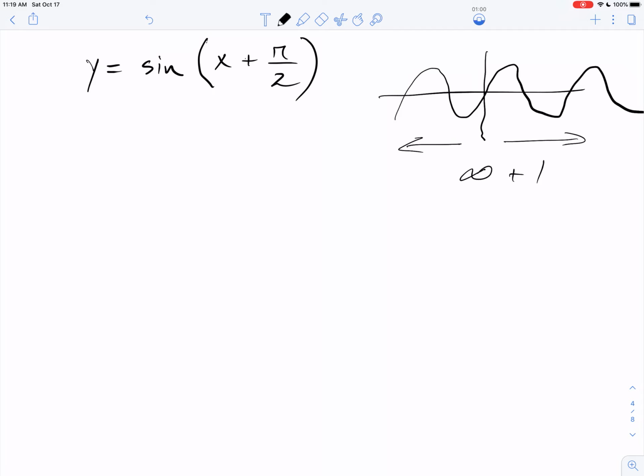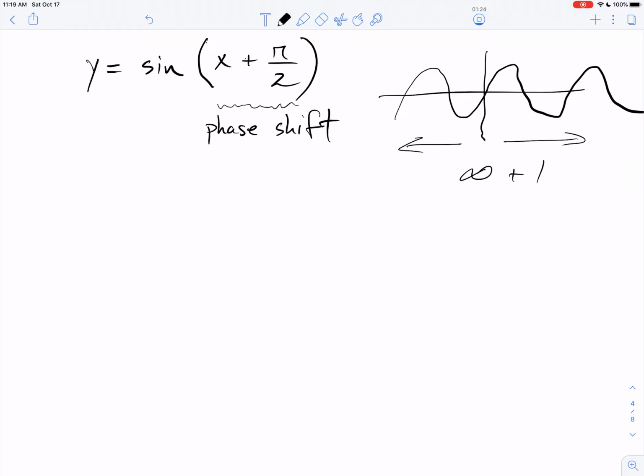So with this type of graph, since it is infinite in both directions, if we're going to move it sideways, what we talk about is something called a phase shift. And we're going to move this thing to the left pi over 2 units.